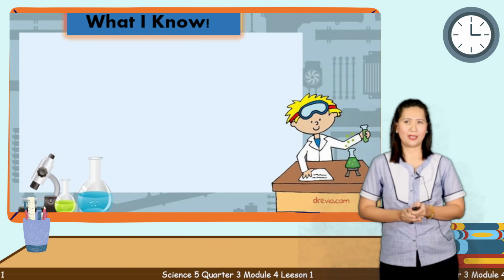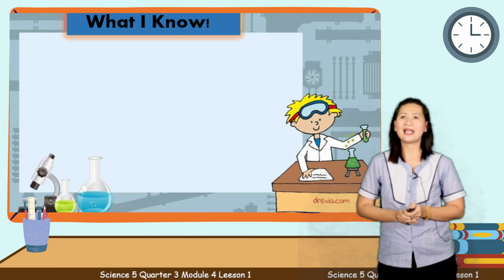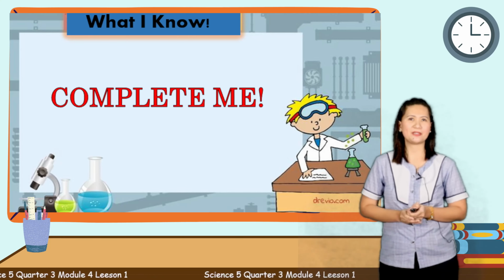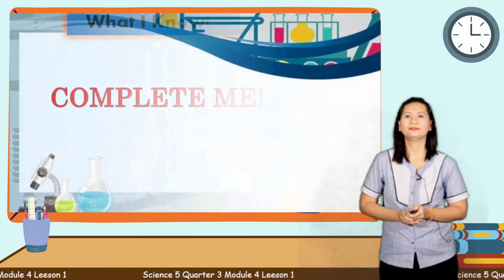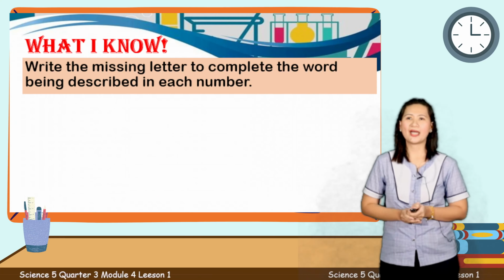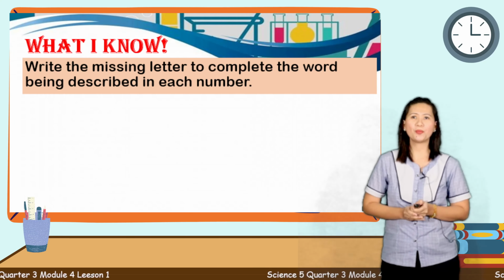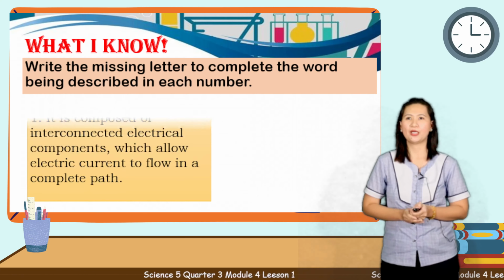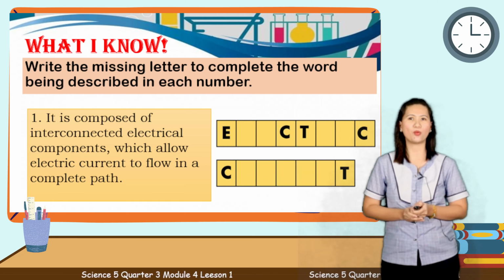So to begin, let's have a pretest first, entitled Complete Me. Write the missing letter to complete the word being described in each number. So let us start for number 1.